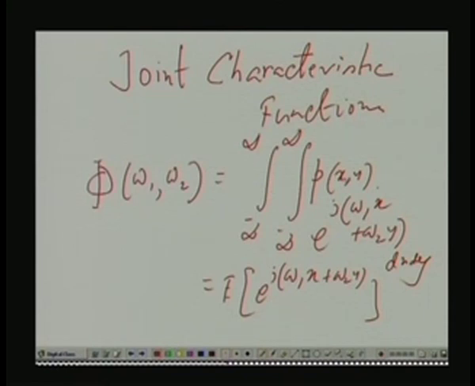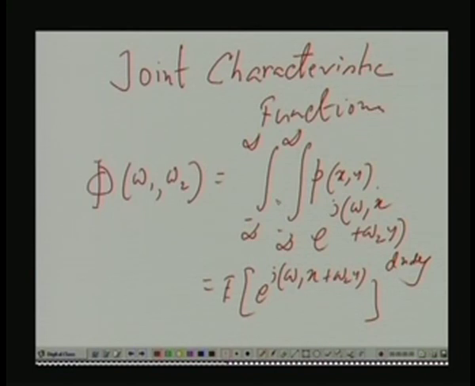So, given p(x,y), we can find out phi by this formula, and given the characteristic function, we can find out p(x,y) by the inverse formula. That is again obtained just by recalling the direct and inverse Fourier transform relations.